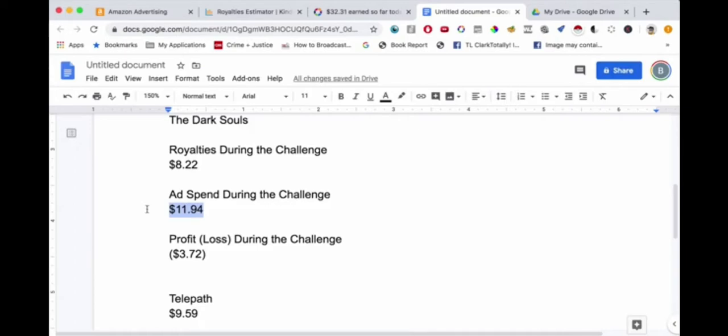This is how some authors make a lot of money. They advertise a book at a loss and then make back that money on the sales of the other books. Some of you, that's not news to. Some of you, that might be mind-blowing.